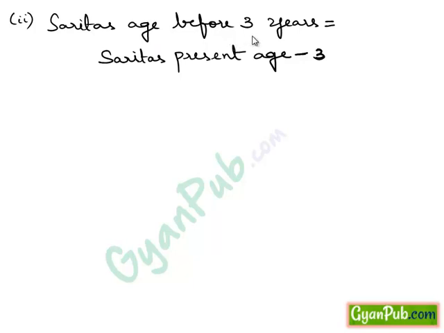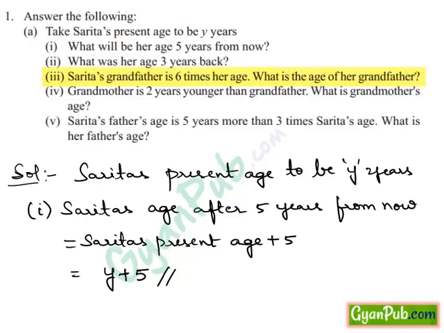Since we have to find Sarita's age before 3 years, we are subtracting 3 years from Sarita's present age, which is equal to y minus 3. So Sarita's age before 3 years was y minus 3.